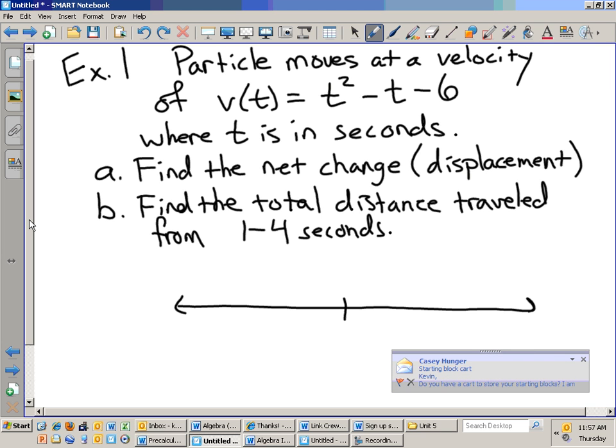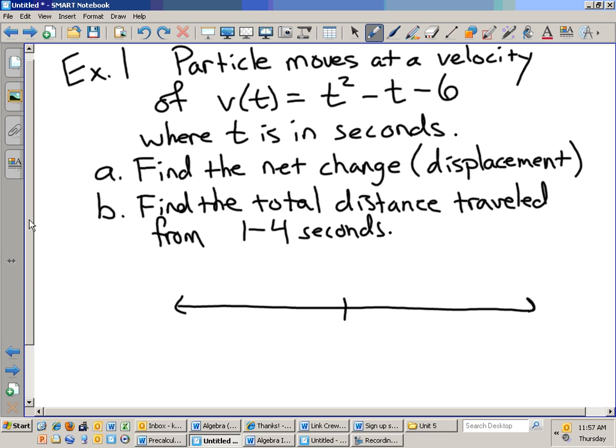Negative 6. So it's moving in which direction? Yeah, it's moving left, in the negative direction. If you plug in 1, 1 squared is 1 minus 1 is 0, minus 6 is negative 6. So at time 1, it's also still moving in the negative direction. So it's going to be moving in the negative and the positive direction.